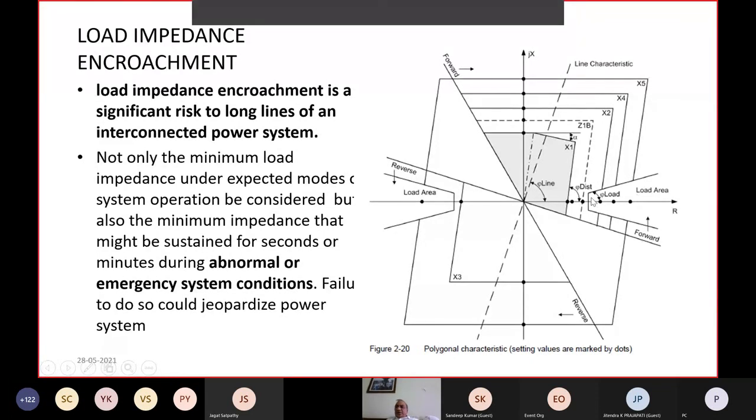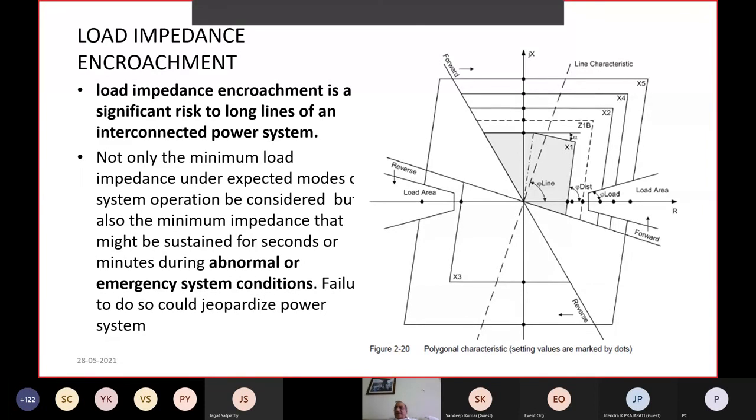So this is one more feature of the numerical relay, which now makes it possible to have load impedance encroachment characteristics. Earlier relays of previous technology used to have an impedance blinder here. That means after the zone 3 setting characteristic, you used to have an impedance blinder so that you keep the load point away from the blinder. That is how the load encroachment was being handled.